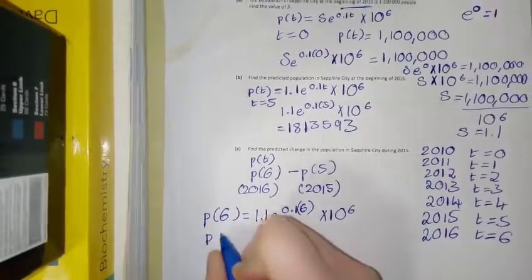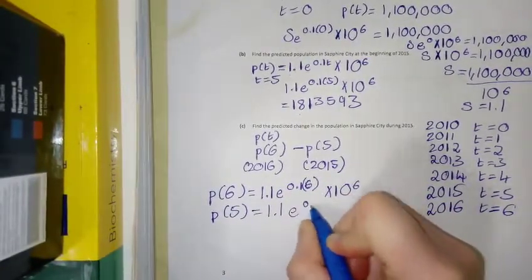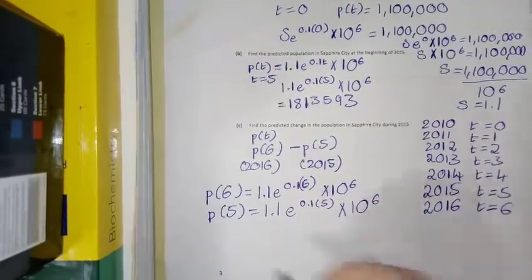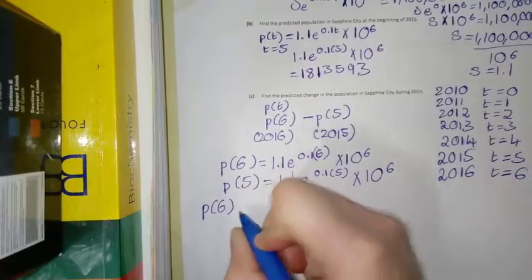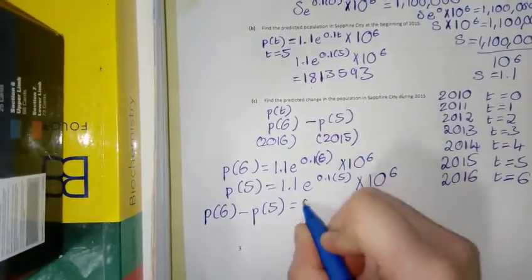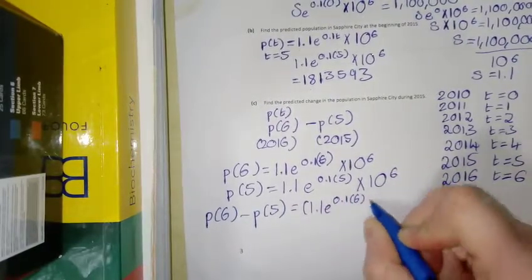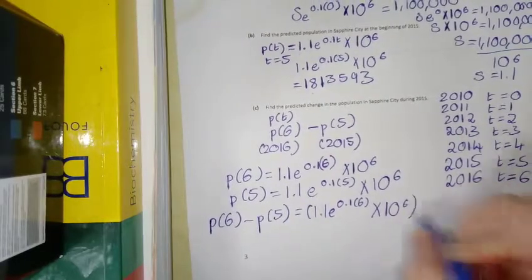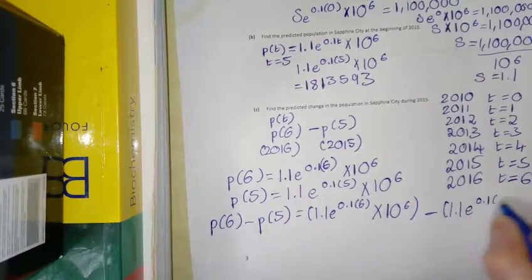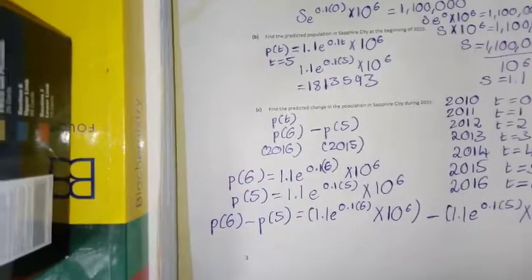And then P(5) for 2015 is 1.1 e to the 0.1 times 5, times 10 to the power of 6. Then it's going to be P(6) minus P(5), so that's 1.1 e to the 0.1 times 6, times 10 to the power of 6, take away 1.1 e to the 0.1 times 5, times 10 to the power of 6.